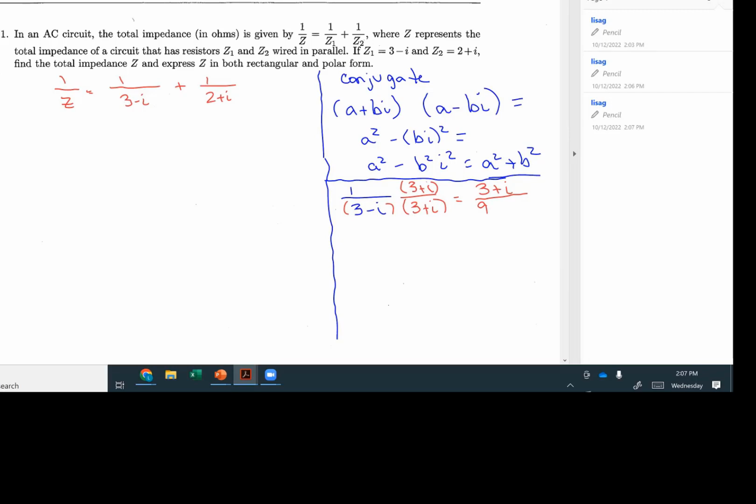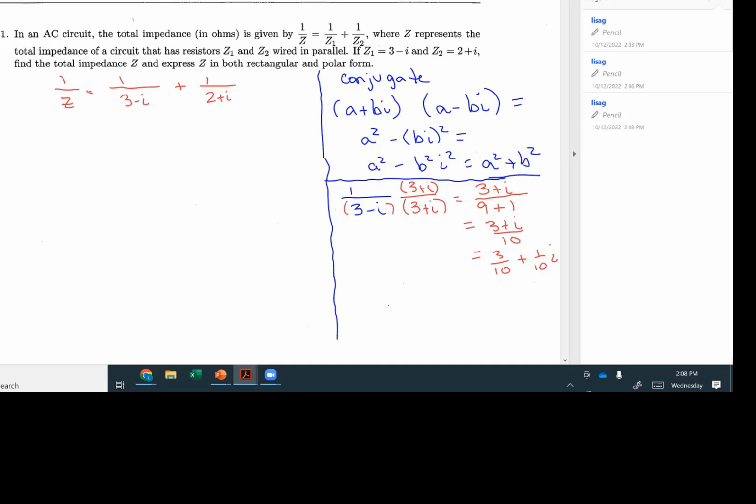And I squared is -1, so it's really plus 1, which gives me 3 plus I over 10. In standard form, this is equal to 3/10 plus 1/10 I. A is 3/10, B is 1/10. They're both real numbers, which satisfies that criteria. And there we have it.